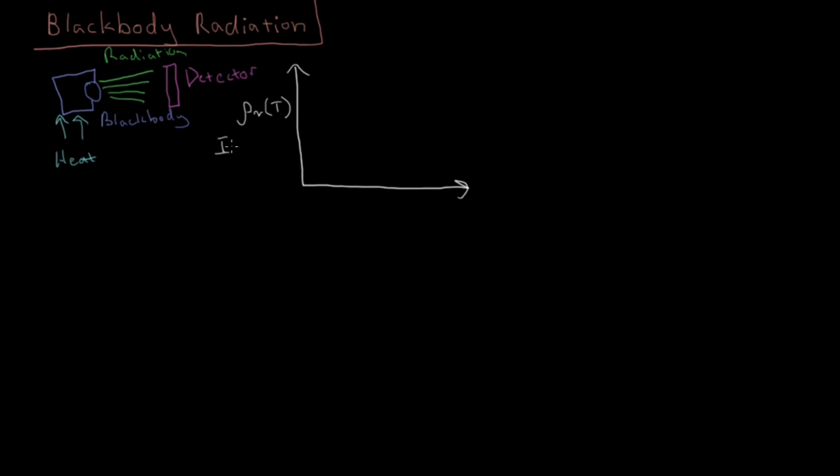So this is the intensity of the radiation that's going to be emitted by the black body versus the frequency of that radiation. Frequency nu, the Greek letter nu. And if you don't remember what the frequency is, just remember that frequency equals the speed of light over the wavelength. So wavelength and frequency are inversely related. And this, of course, is the spectrum.